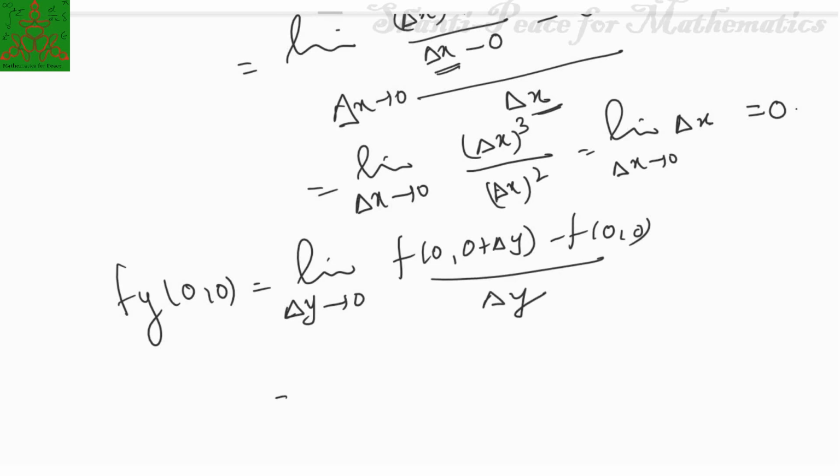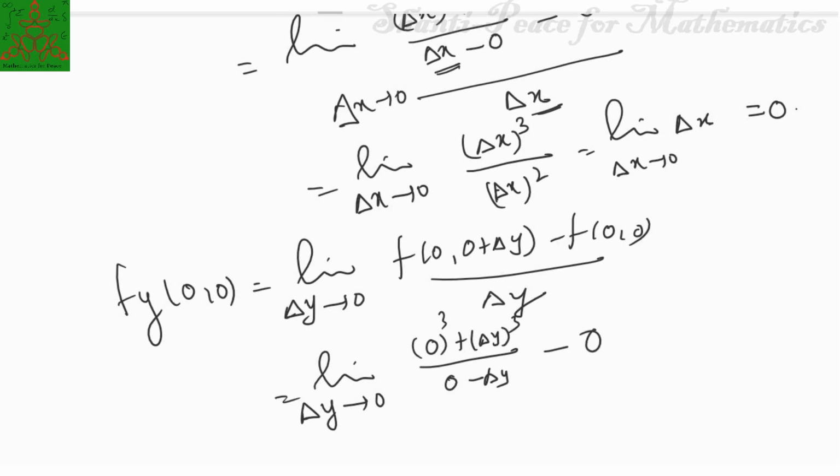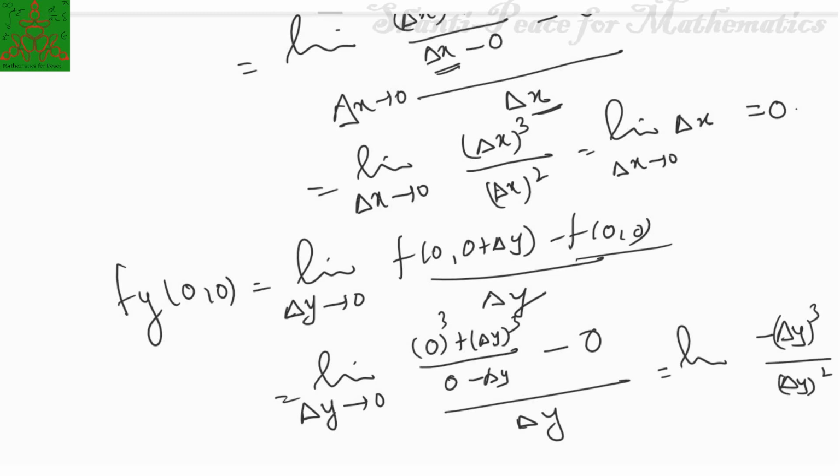As per the definition, you will have (0 cube plus delta y cube) upon (0 minus delta y), minus 0 because f(0,0) is 0, upon delta y. Finally you will have the limit of minus delta y cube upon delta y square as delta y tends to 0. That gives you the answer 0.